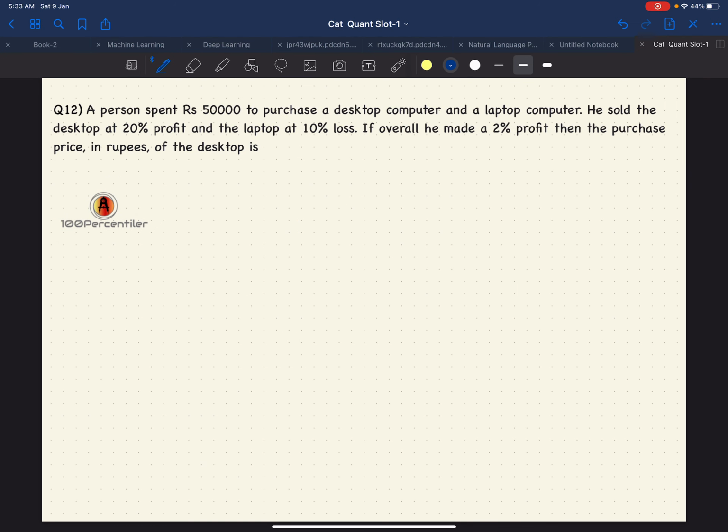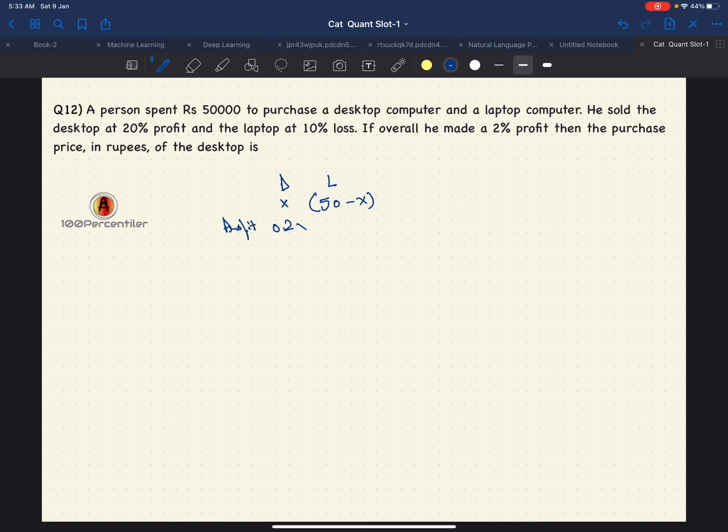Okay, so a person spent 50,000 to purchase a desktop computer and a laptop computer. So let's say he spent x on desktop and 50 minus x on laptop. Now he sold the desktop at a 20% profit. So let's compute the profit here.